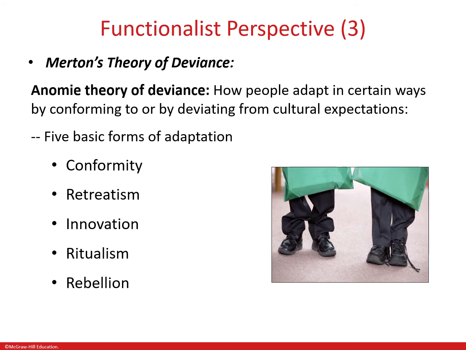The ritualist is next. The ritualist rejects the societal goal, yet they work towards the goal. This individual doesn't really care about wealth, but they work out of ritual as a way of life. So a bureaucrat, someone in a bureaucracy, fits this example. They follow the rules without the larger goal being in mind.